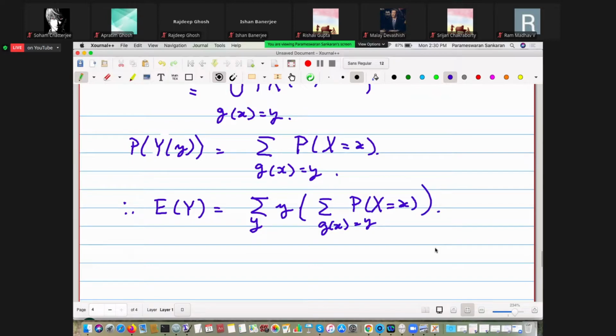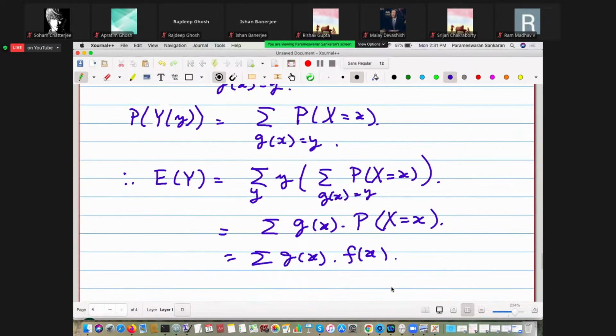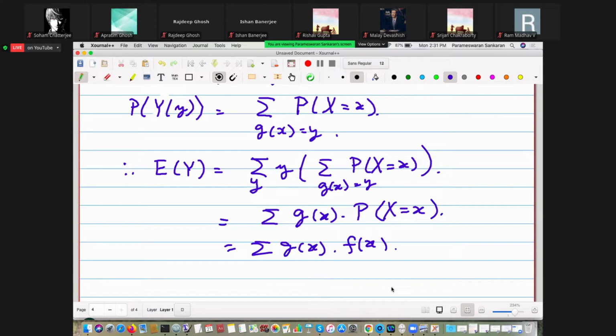But y varies over all possible real numbers, and then you add only over those x so that g of x is equal to y. You are basically interchanging the summation. Then this becomes g of x times the probability that X is equal to x, the mass function at x. This is it.